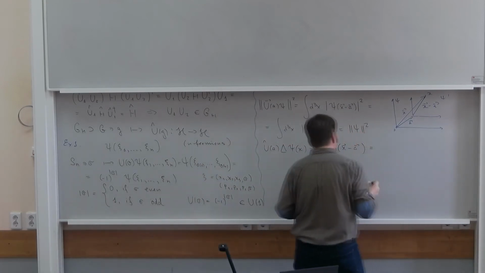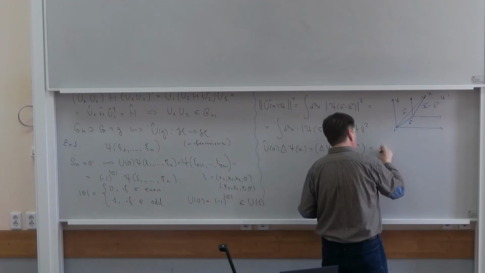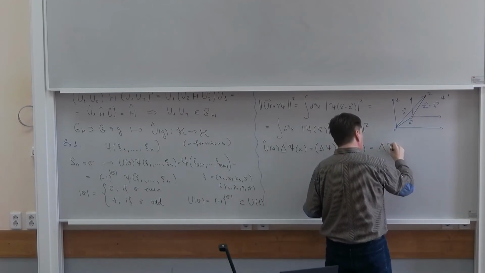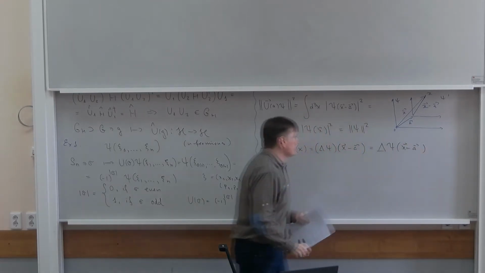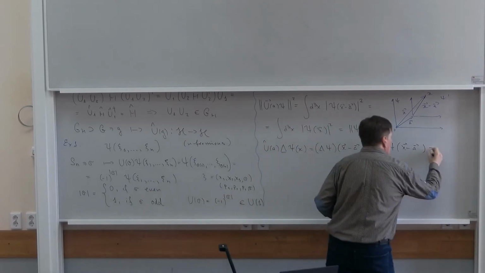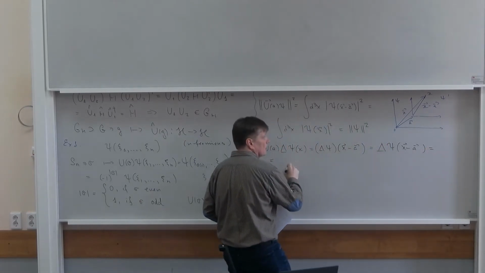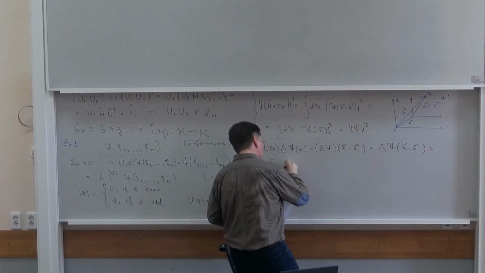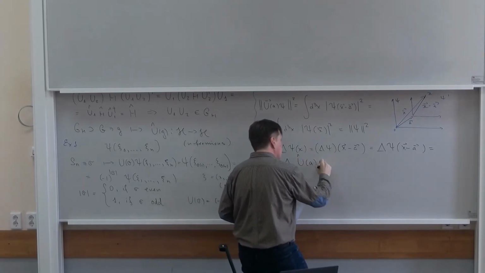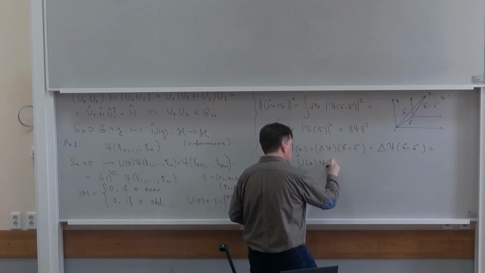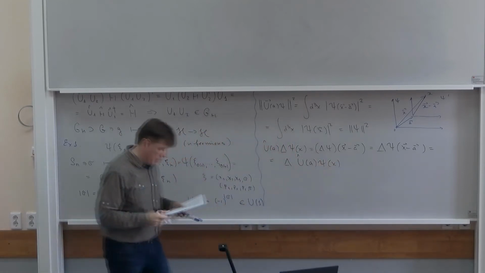But this is equivalent to the action of the Laplacian on the function psi of x minus a, which can also be written as a composition of the Laplacian and the symmetry operator U acting upon psi.